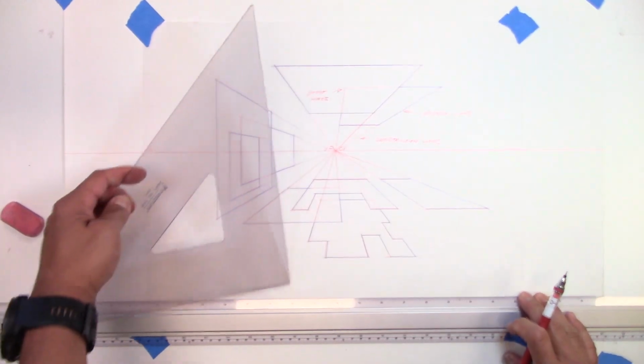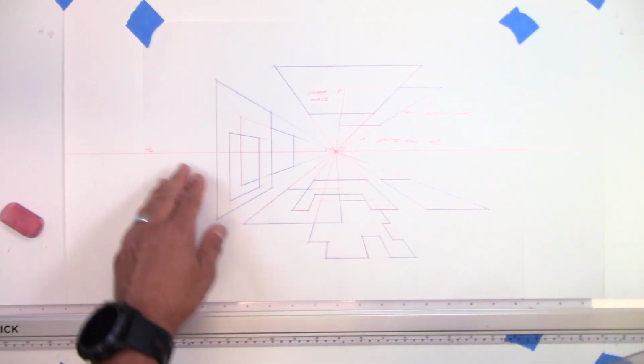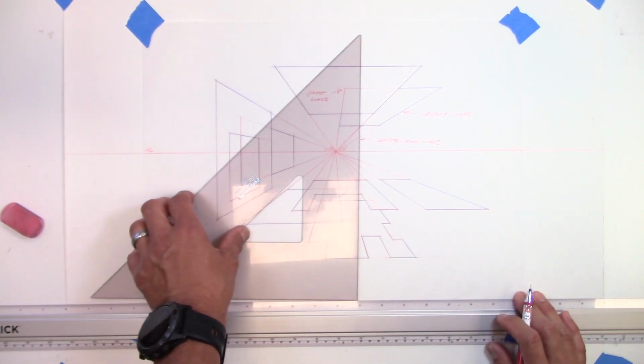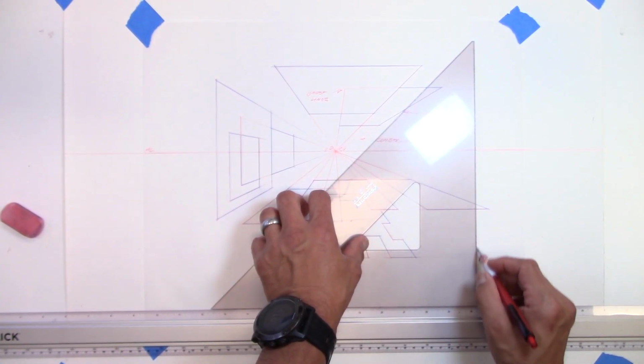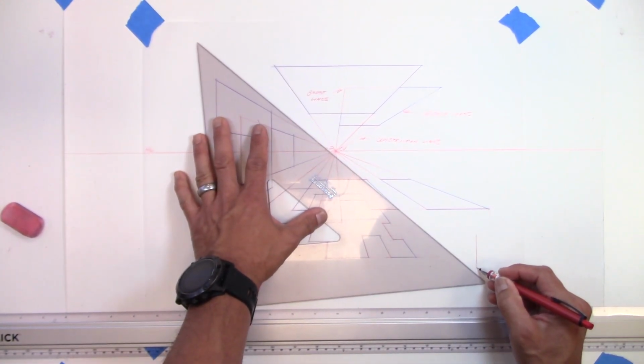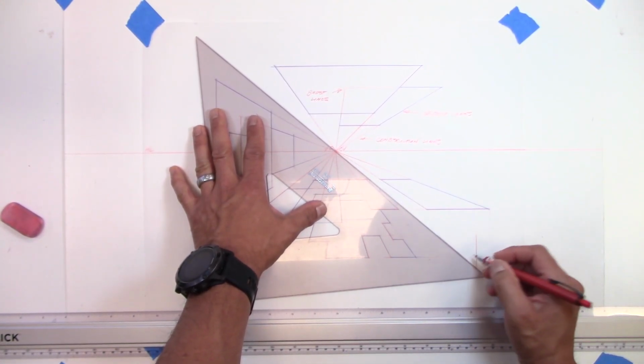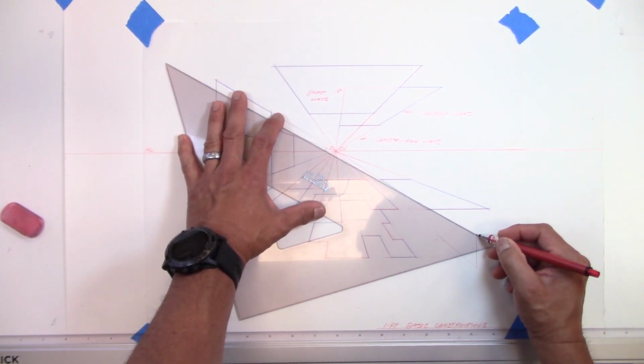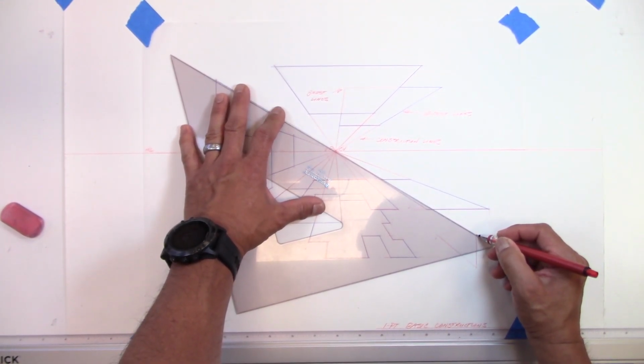Your vertical planes don't just have to straddle this horizon line. I just initially put those here. You can certainly put some in here. I guess a rule of thumb is don't draw to infinity.